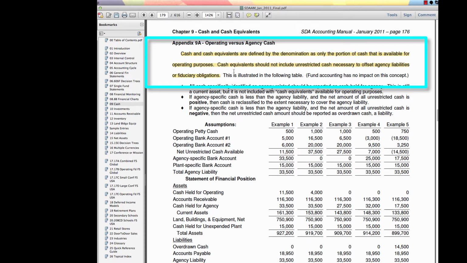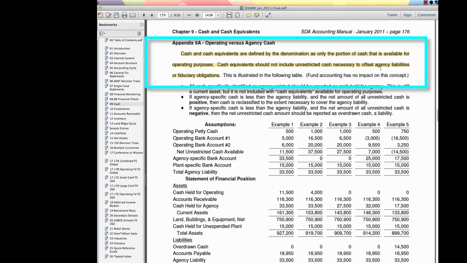We've actually already covered this. Cash equivalents should not include unrestricted cash necessary to offset agency liabilities, our fiduciary obligations. By agency liabilities, we'll cover this later on, we mean very specifically those agency funds.